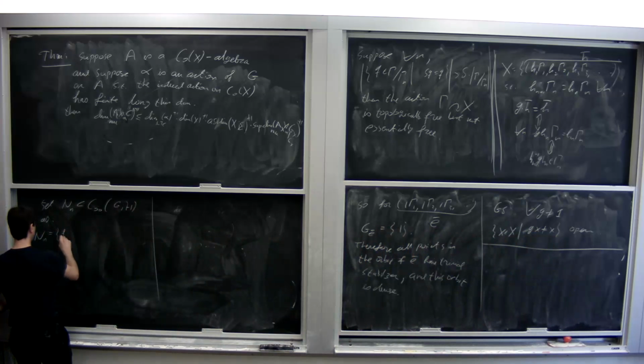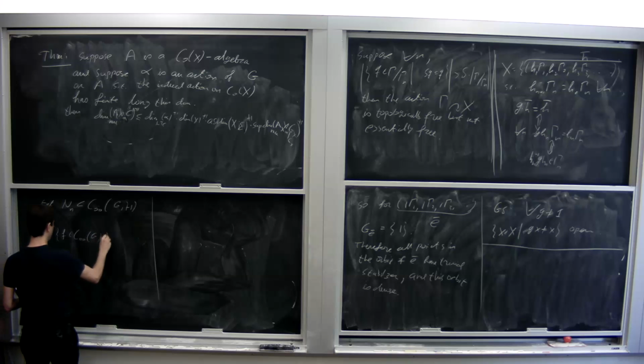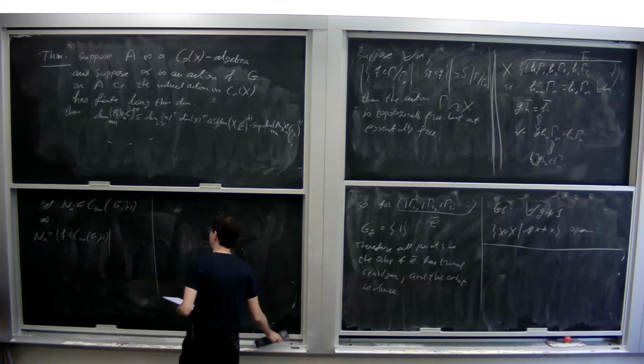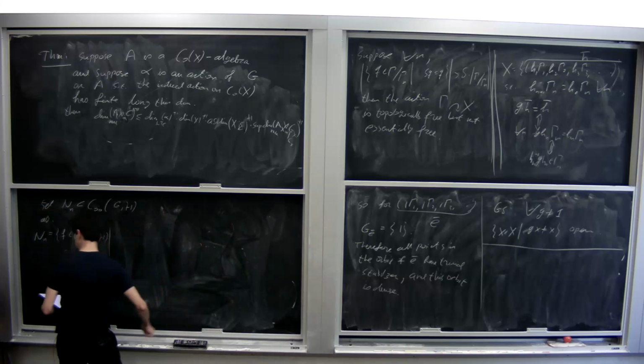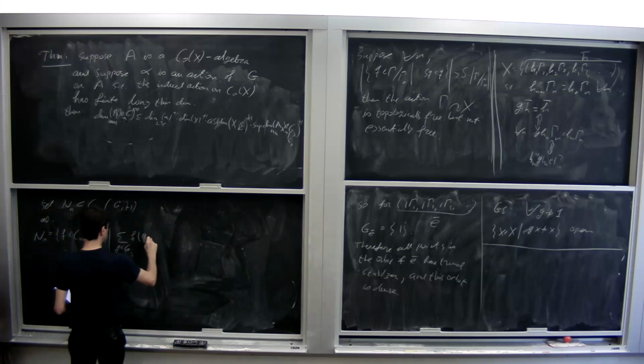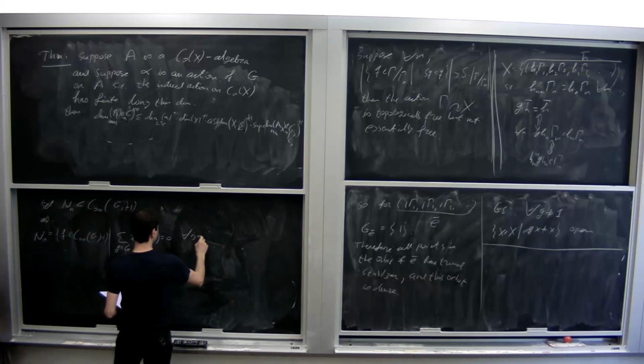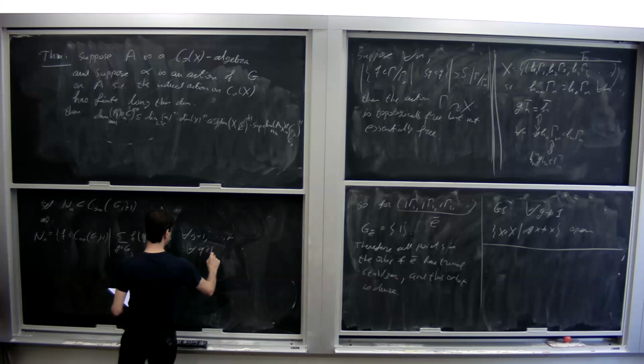This will be the set of all f's in this C0 finitely supported functions, such that the condition we need is that the sum of f over GQ will be 0, for all j from 1 to n, and for all q in EJ.